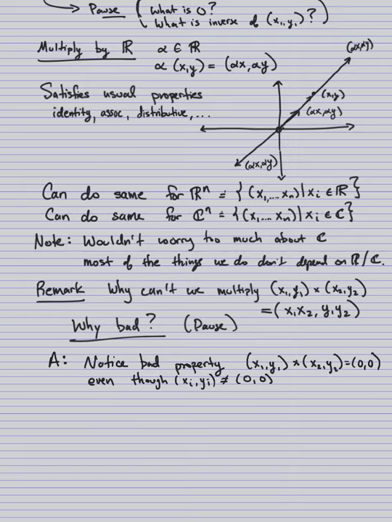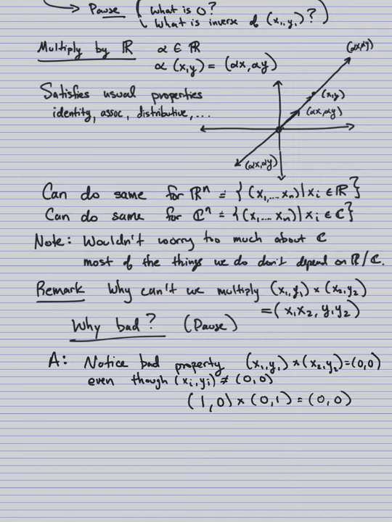So you can multiply two coordinate pairs together and get 0, even though each one is non-zero. For example, 1, 0 times 0, 1 is just 0.